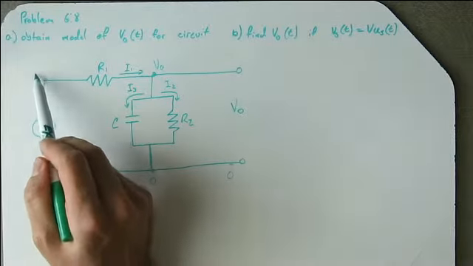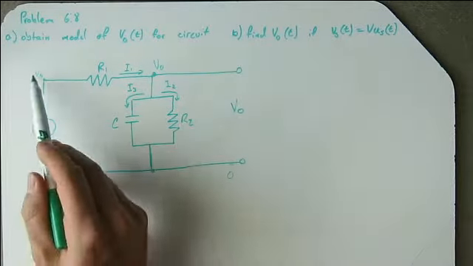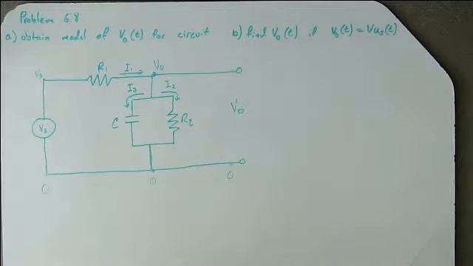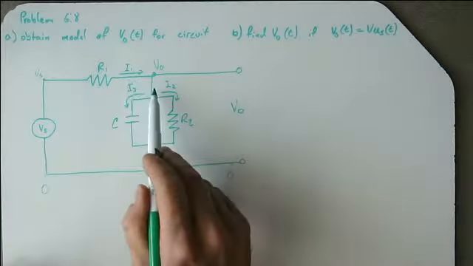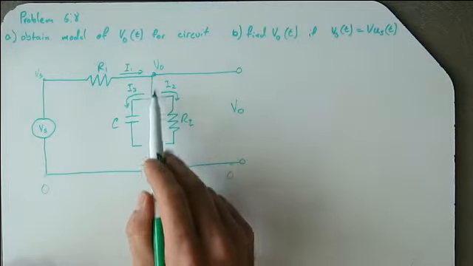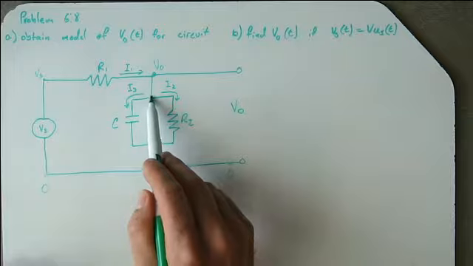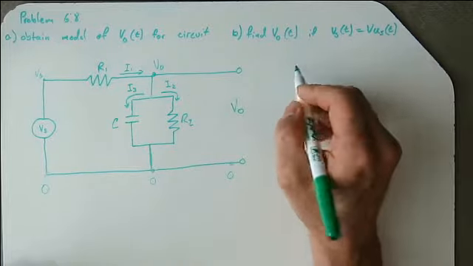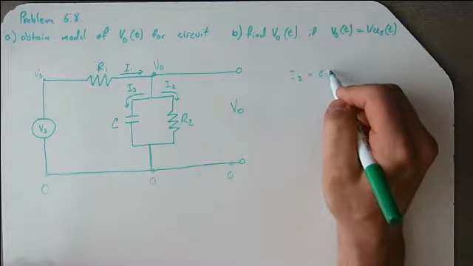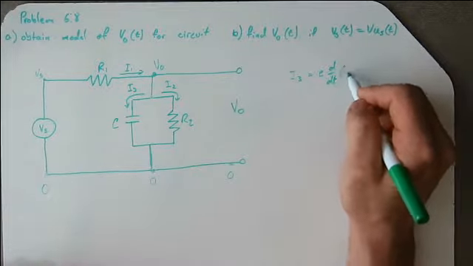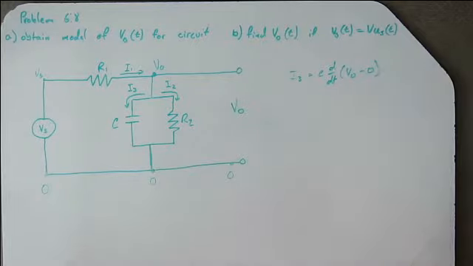We've got VS here, which corresponds to this VS, and when we're talking about the sum of the currents into and out of this spot right here, we have I3 equals C d/dt of V naught minus 0.